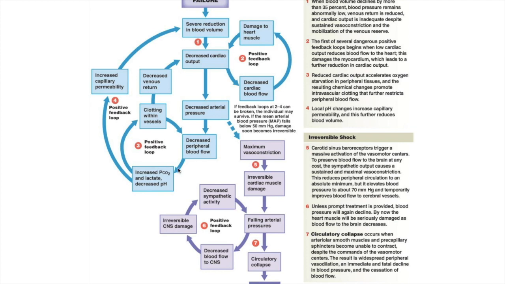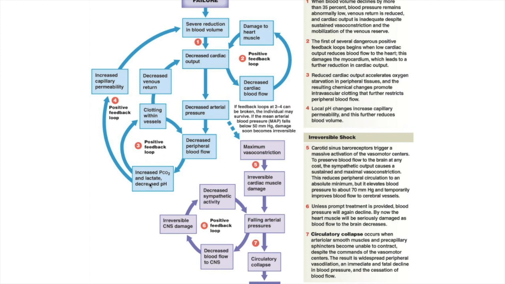Along with that, we'll have decreased blood flow to the tissues. That increases the PCO2 and the lactate and decreases the pH. That can lead to clotting within vessels, which then leads to decreased venous return, which further decreases the cardiac output. So that's another positive feedback loop.